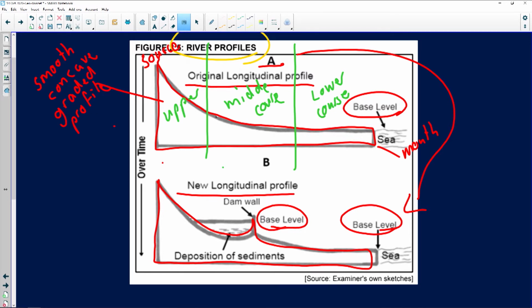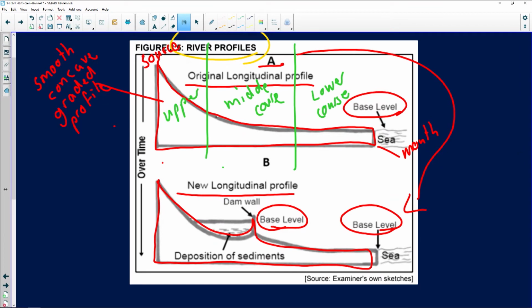This is vitally important because there are different erosional capabilities and factors happening at each of these courses. First of all, it's erosion, and we do experience deposition as well, but that's in the lower course. We have different characteristics and different landforms. That's vitally important as well.